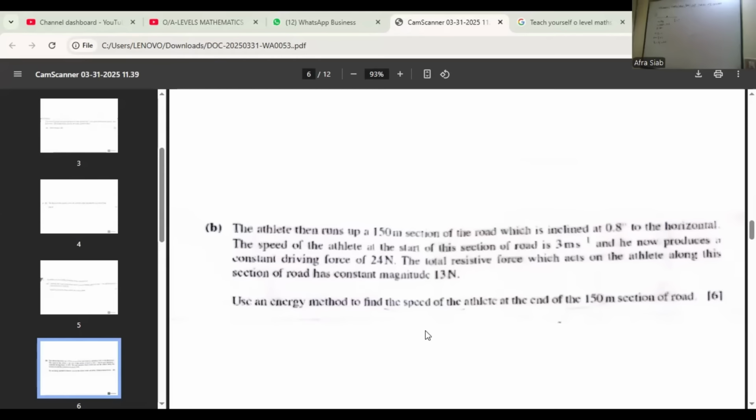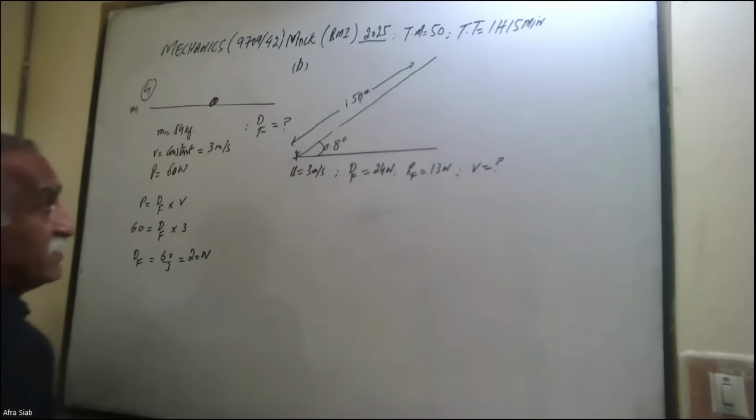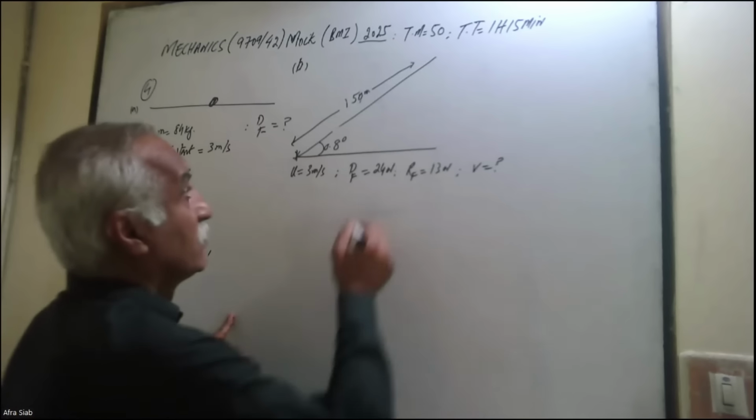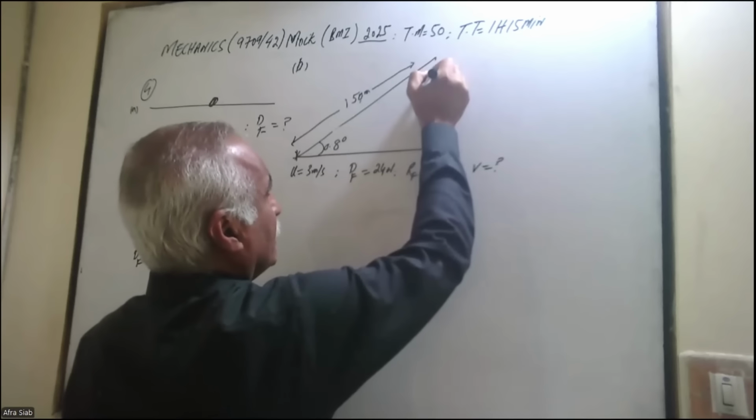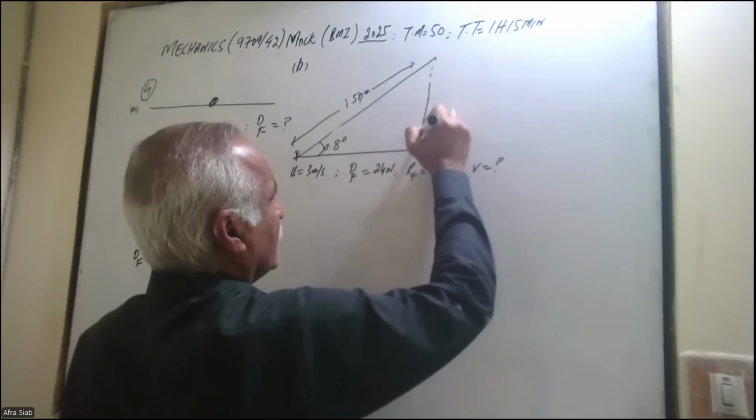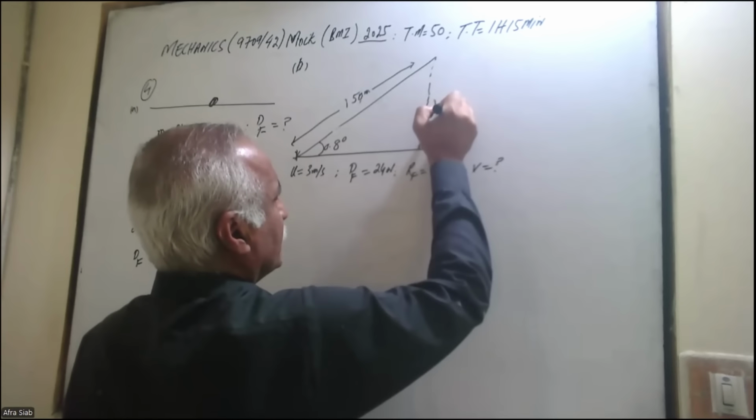Use an energy method to find the speed of the athlete at the end of this 150-meter section of the road. Because we are going to use this energy method, first of all, let's say the height attained by that particle is h.